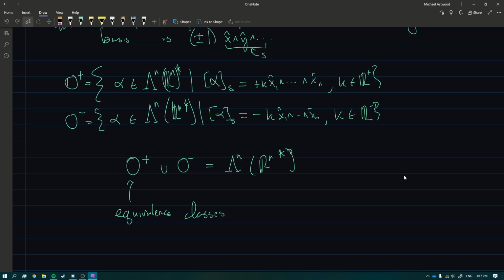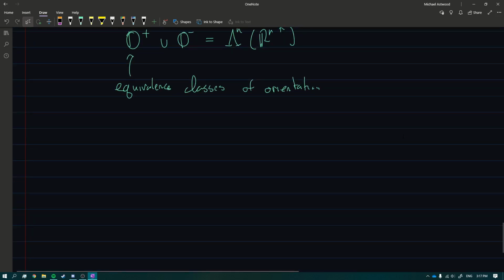I should probably give these some nice double striking so that you don't just see them as a 0 or something. Yeah, they're a letter O, capital. So they're equivalence classes of orientations. And these two equivalence classes determine opposite orientations. Great. So that's all there was for orientations, and thanks for watching.